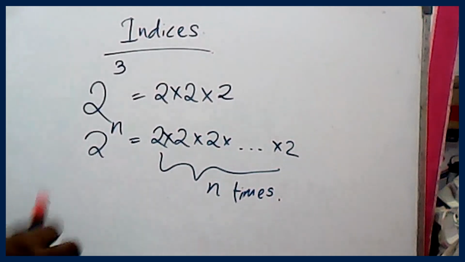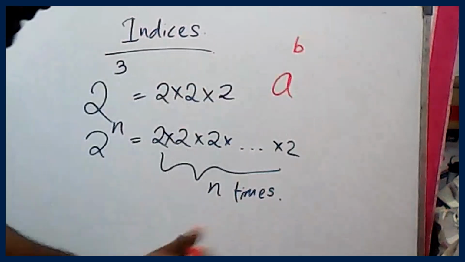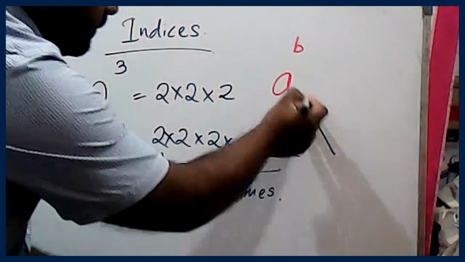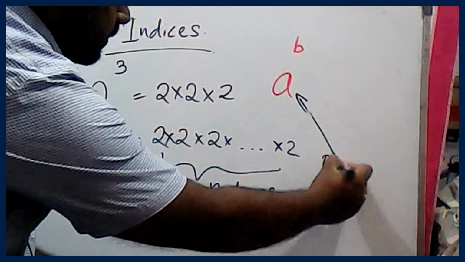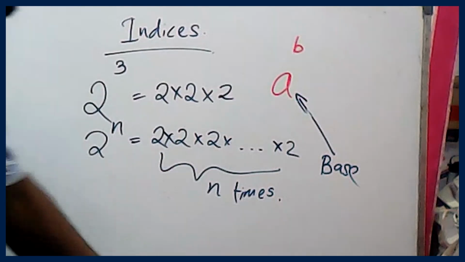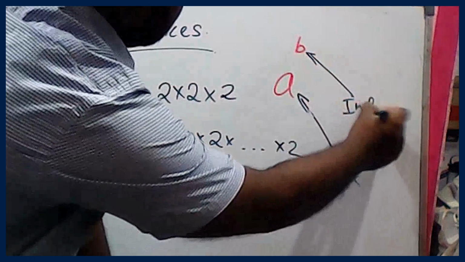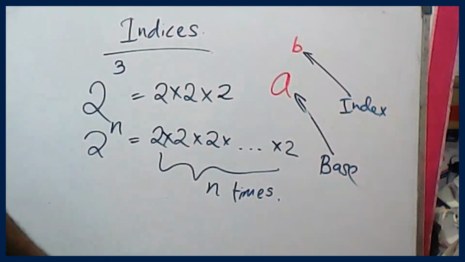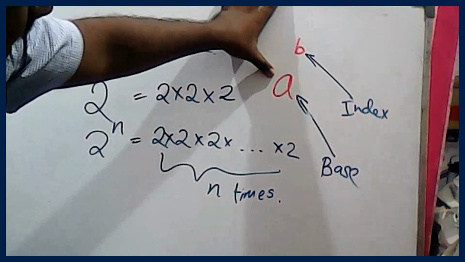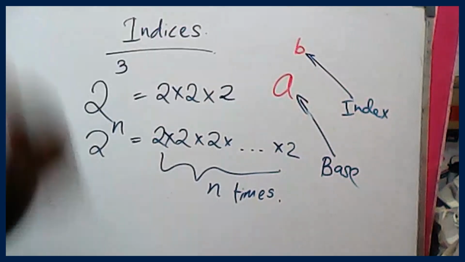So if you write a to the power b, we call this a the base and this b the index.